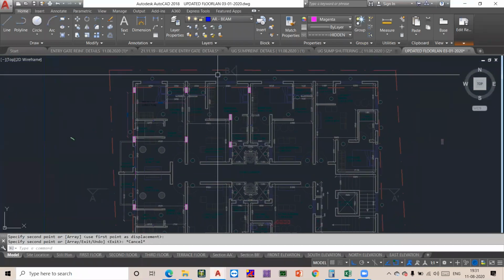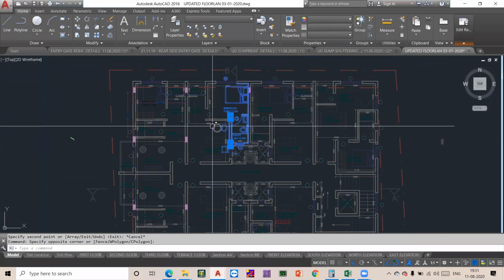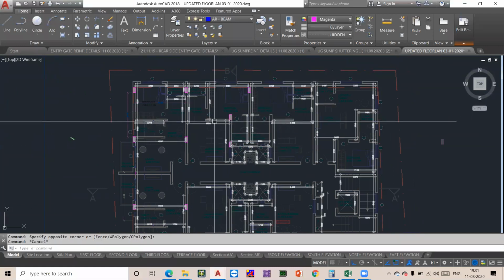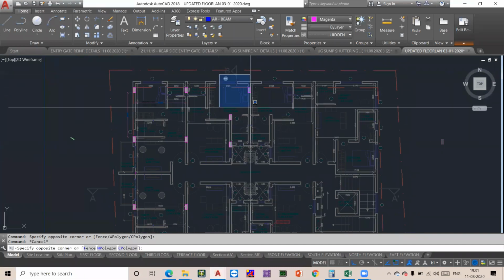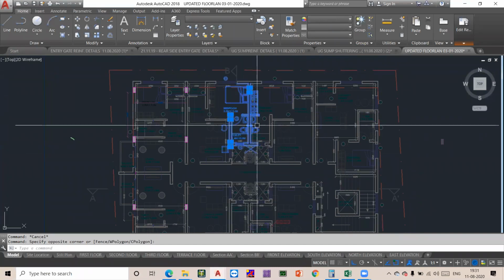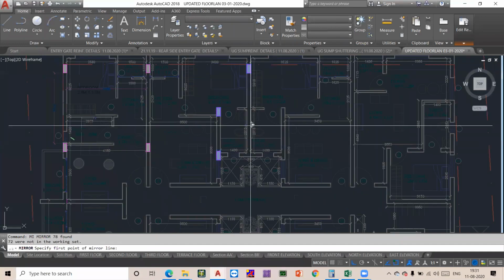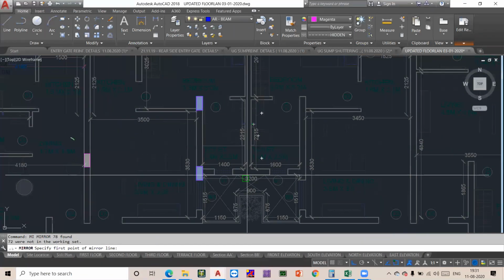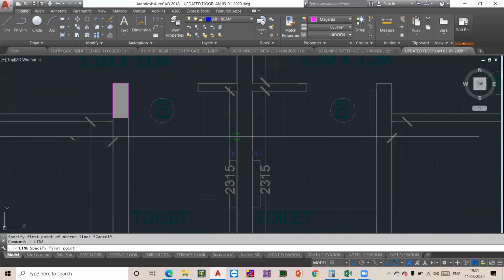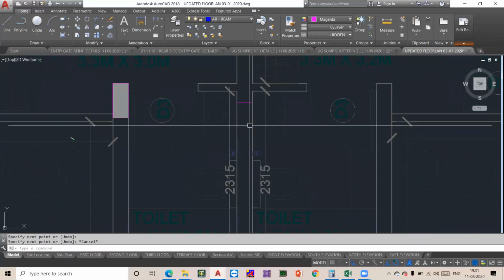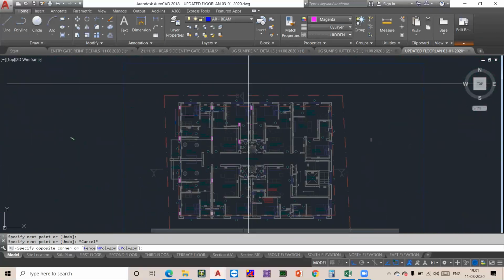What I will be doing is, you can also notice these 2 units are identical or mirror again. You need to have a reference line for mirroring the objects.